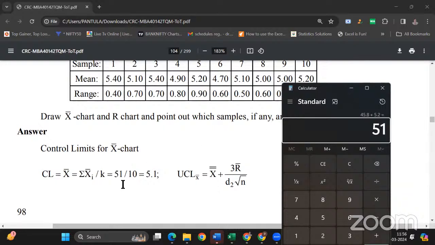So that is 51. 51 divided by 10, 5.1. So X bar is equals to 5.1.